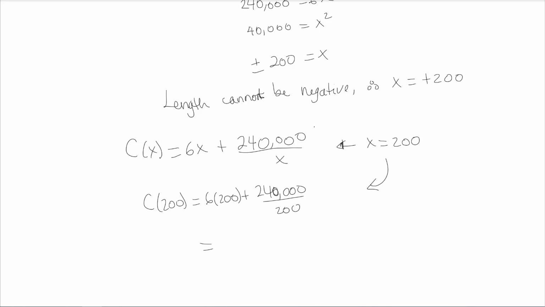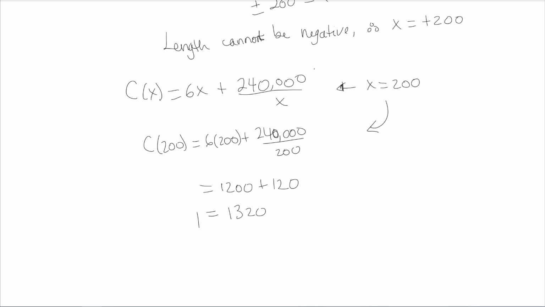So we get 200 times 6 is 1200, and 240,000 divided by 200 gives us 120. So the total cost here is, what is this? Add 120 to 1200, so we get 1320. So that would be the cost of the least expensive fence.